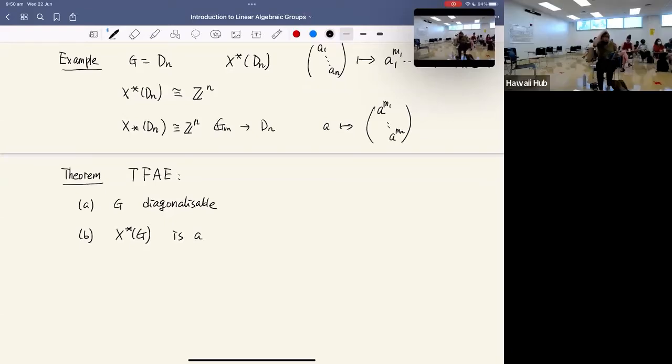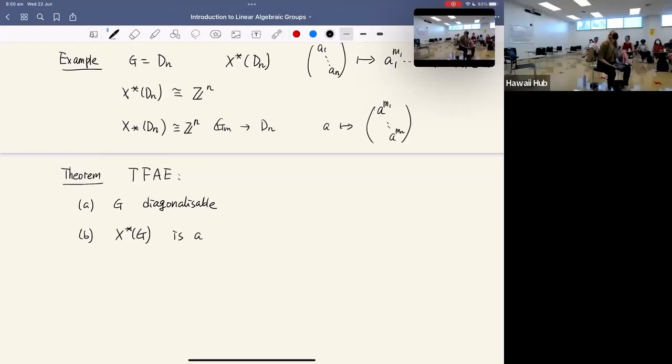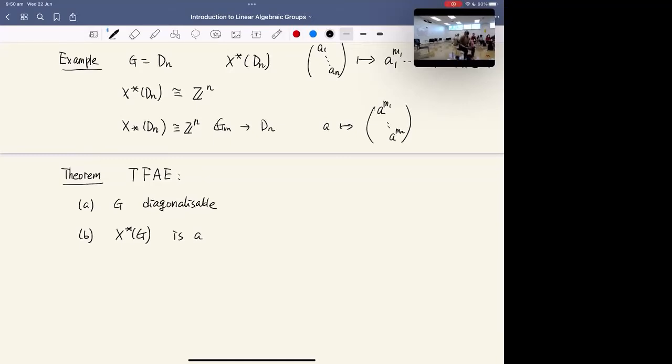Abelian. Maybe I should also ask students in Hawaii if they want. Free abelian. Hawaii is saying free abelian. Do we agree with that statement? For Dn, it is, right? So this is a free abelian group.